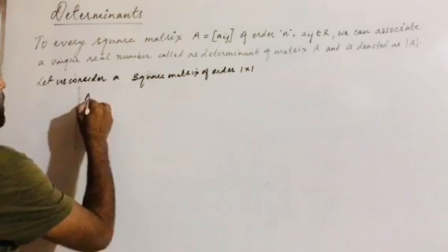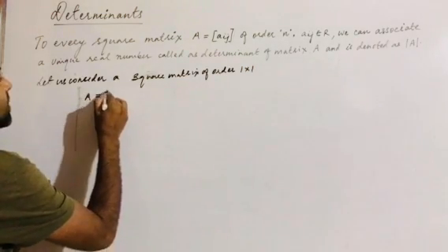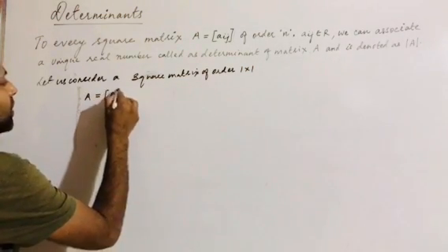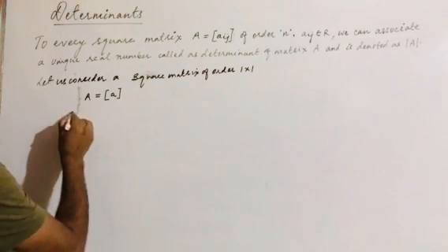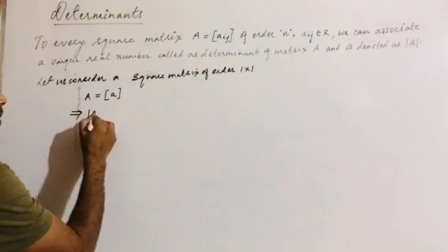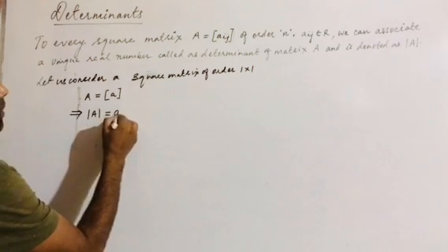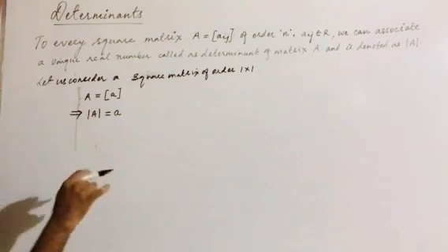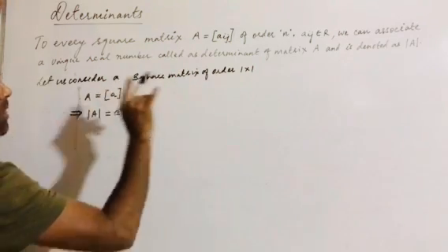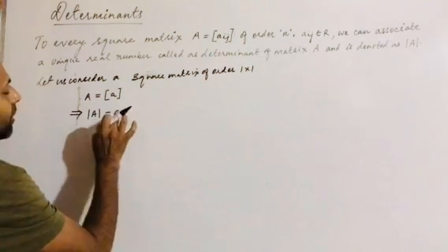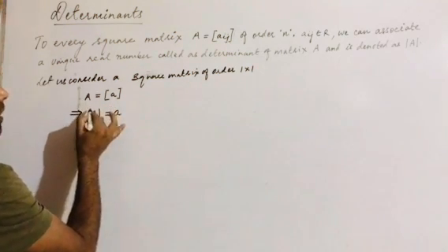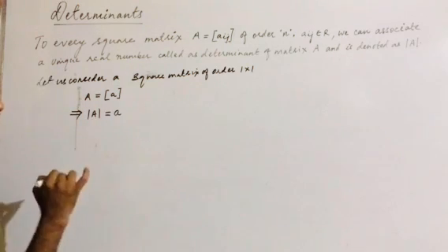Here I have written a matrix A, and this is only A, comprising only one row and one column. So if the determinant of this matrix has to be taken, the value will be equal to A. That's a very simple thing for what matrix? Square matrix. So this is the magnitude or the real number which has been associated to this particular matrix, and it has been given the name determinant.